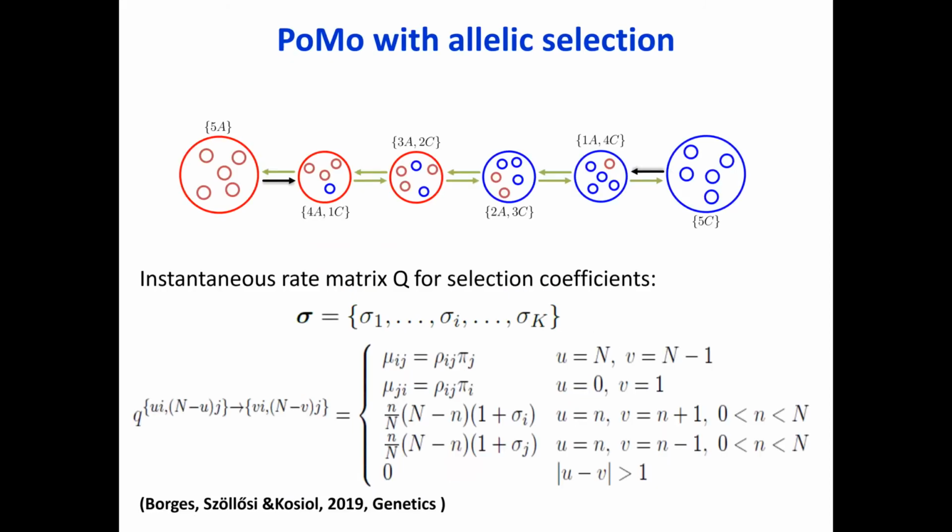The instantaneous rate matrix, when we write it down, looks a little bit more complex, but it's actually not so much more complex. The only additional parameters we have are the selection coefficients. So you still have mutation models to introduce your new alleles. You can't have larger shifts, so all the larger shifts have a rate of 0, and then you just have the selection coefficients for the different alleles.